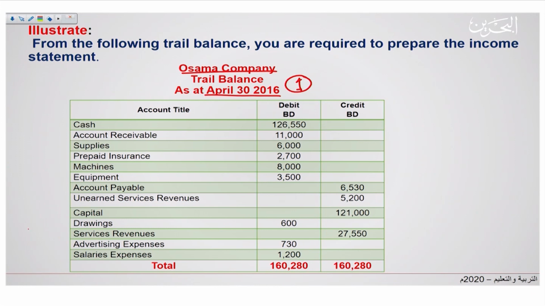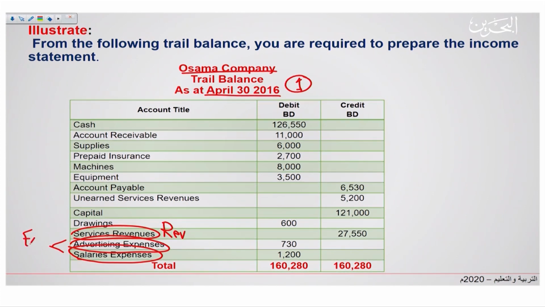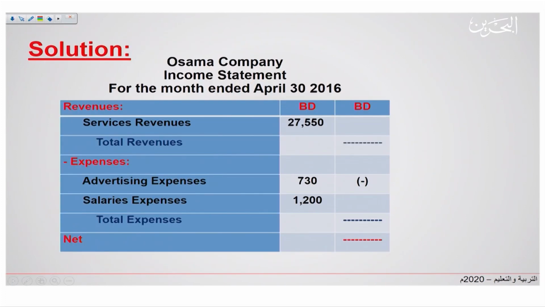So we will go directly to the service revenue, advertising expense, and the salaries expense. This one is a revenue, and these two are expenses. We will take the amounts of each entry, and we will transfer them to the table of the income statement.